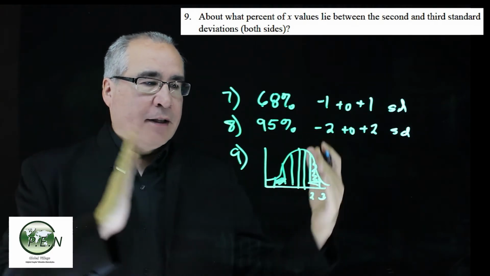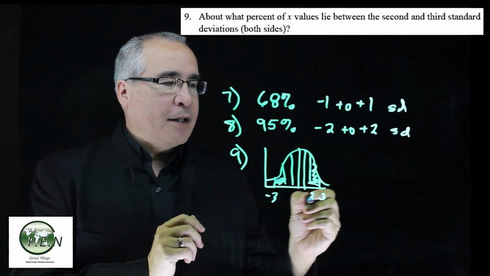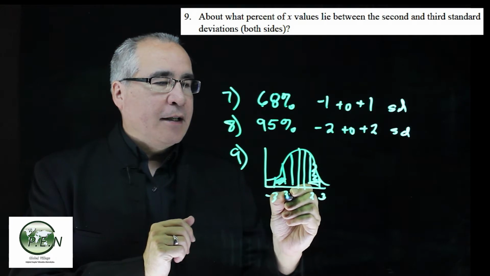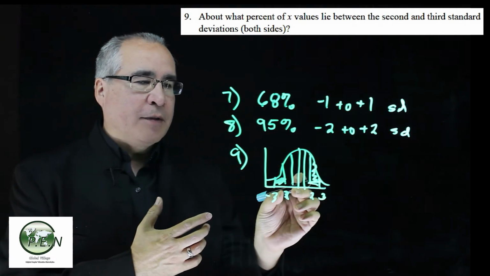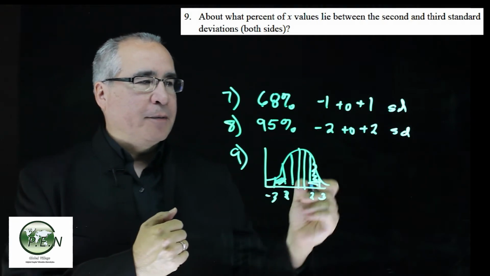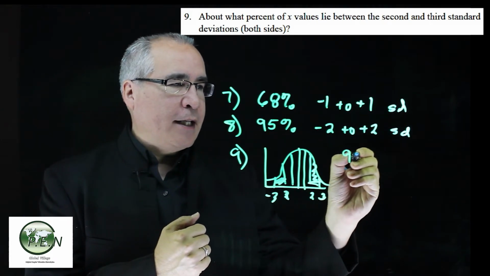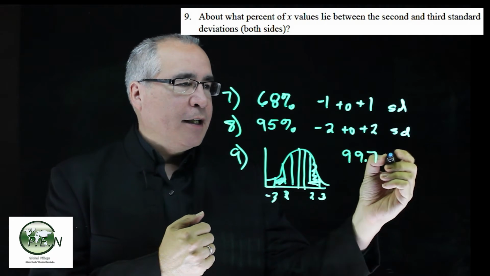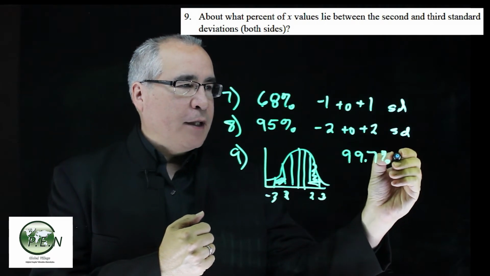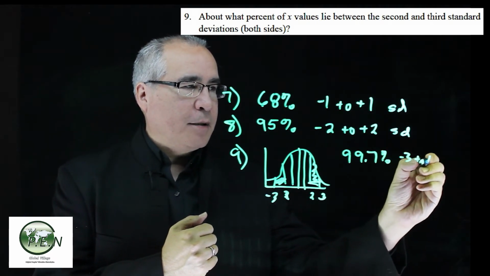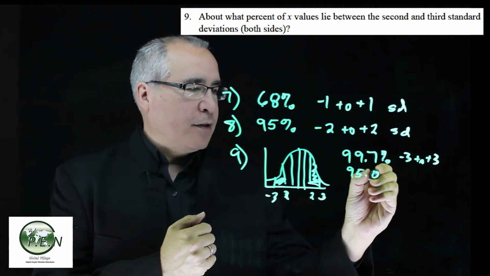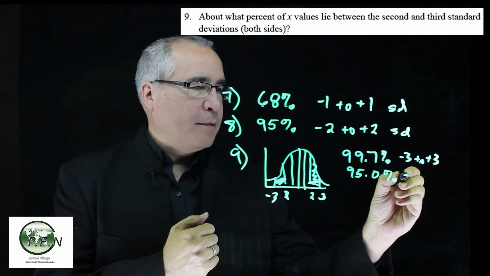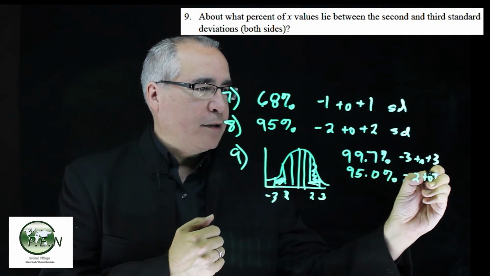So we take the distance from -3 to 3, and we subtract the middle part that we don't want, which is -2 to 2. So we've got 99.7% between -3 to +3. And we have 95.0% from -2 to +2.